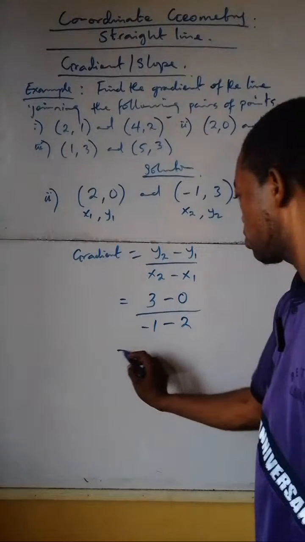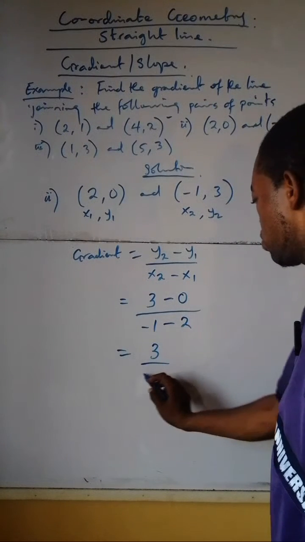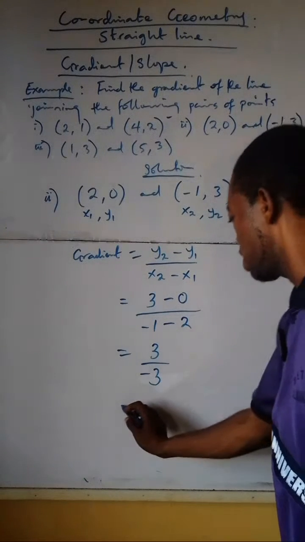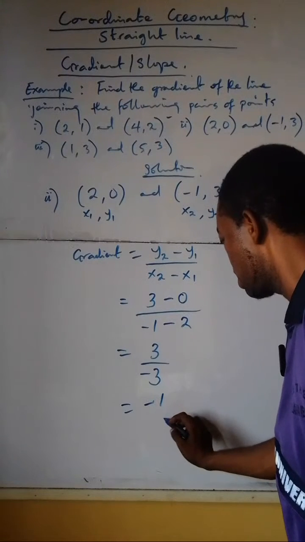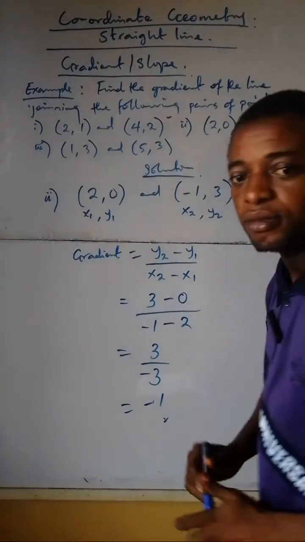And this becomes 3 minus 0, that's still 3, then over -1 minus 2, that's -3. And of course, 3 over -3 gives us -1. So the gradient for the second question here is -1.